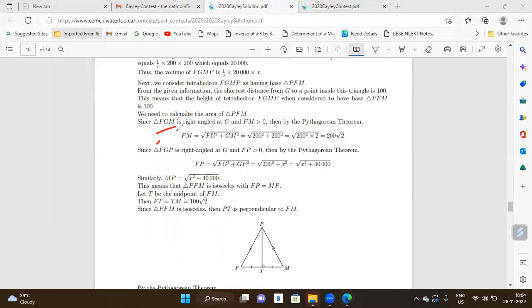So they're saying that FGM is right angled at G and FGP is right angled at G. For FGM, FM is greater than 0, which means it is positive. FP is also greater than 0. You're just going to use the Pythagorean theorem for this right angled triangle. Let me draw FGM and FGP.